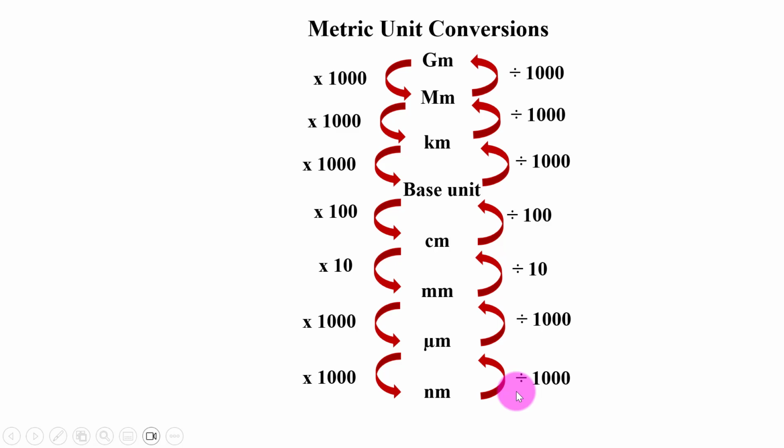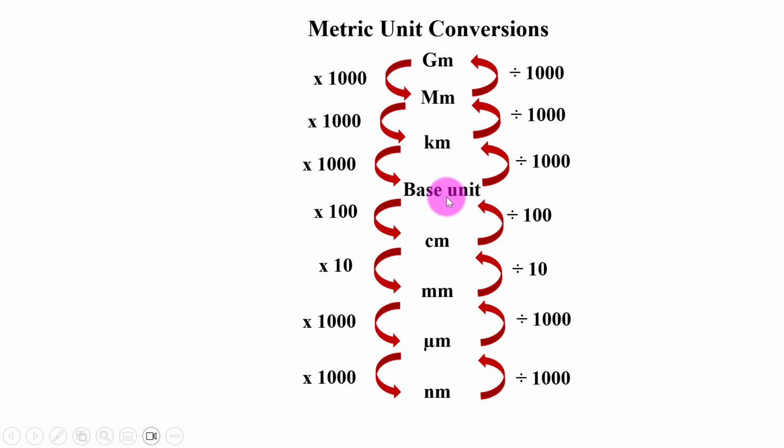You can also use this table to figure out how many smaller units are in a larger unit. Let's say I want to know how many micrometers are in my meter, which is my base unit. Then put a 1 by the meter, by the larger unit.